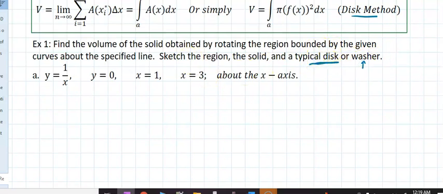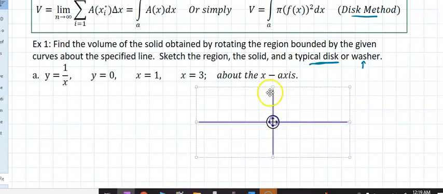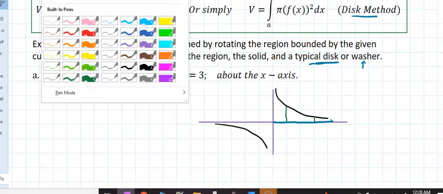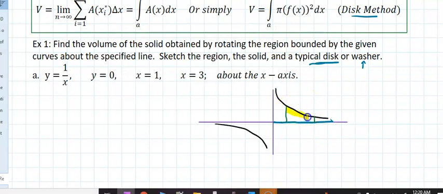So if I take y equal 1 over x, y equals 0, x equal 1, and x equal 3, we're talking about this specific area.